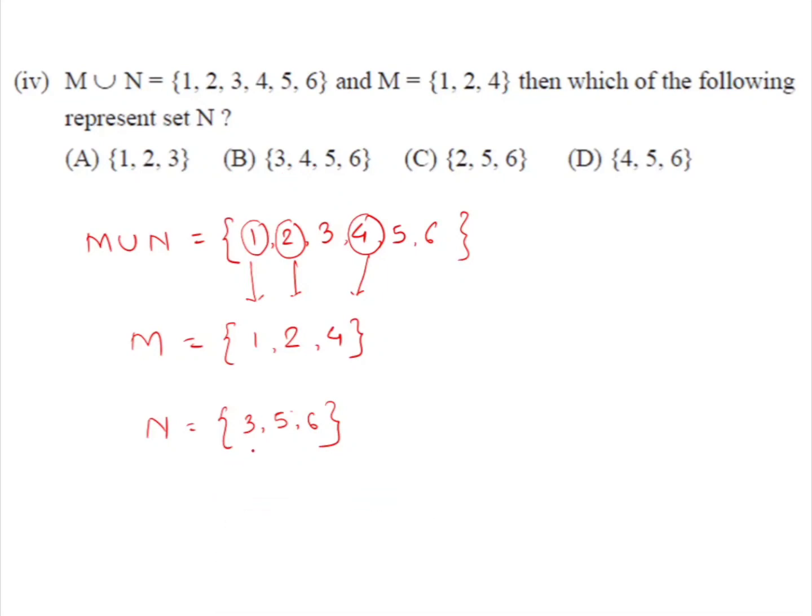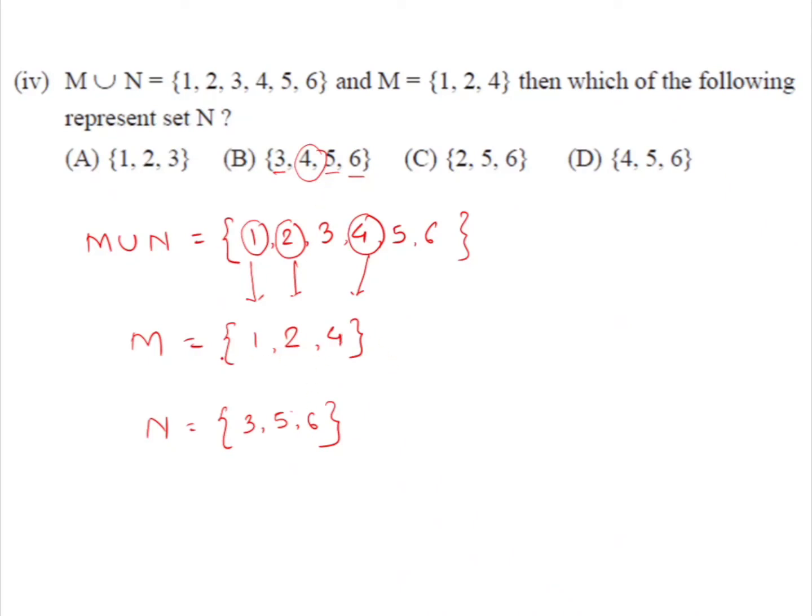Now we have to only check whether all the elements from set N that we have found just now are there in the given alternative or not. As we can observe here, 3 is there, 5 is there and 6 is there, and 4 is an extra element. That is, apart from these 3 elements, 4 is there, so that can be okay. There may be an element 4 which is repeated in both of these two sets.